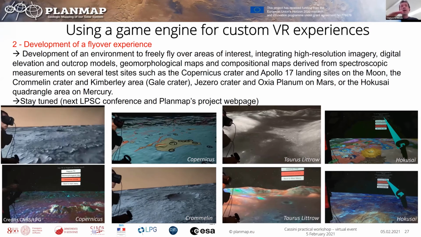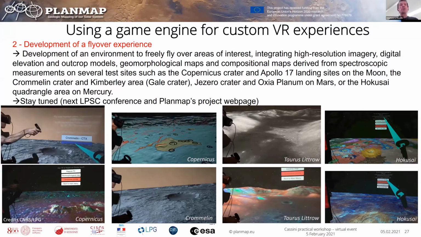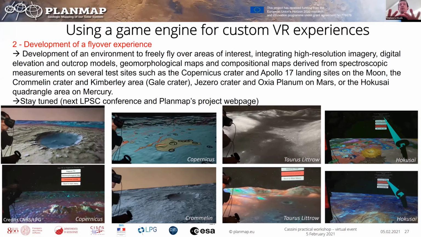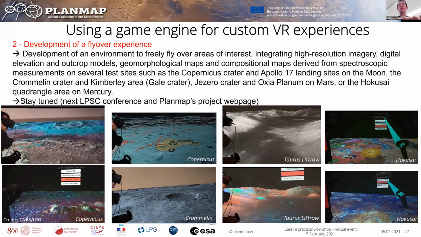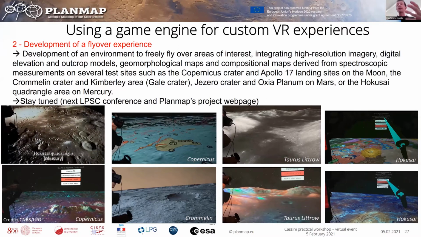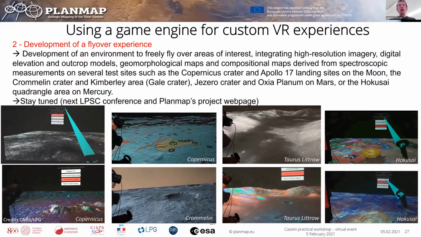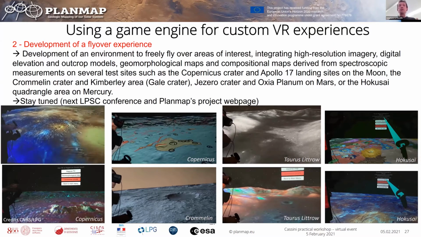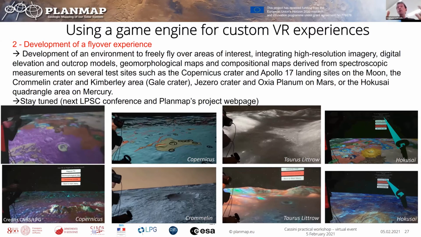Often we are using very high resolution images, depending on the size of the area that we want to investigate. And we can drop whatever kind of information we want, either the imagery, but we can drop a geomorphological map if we want, or we can drop a false color image or a spectral color image information. And as you are in VR, the idea is that you are free to move on this place and you are free to select your viewpoint.